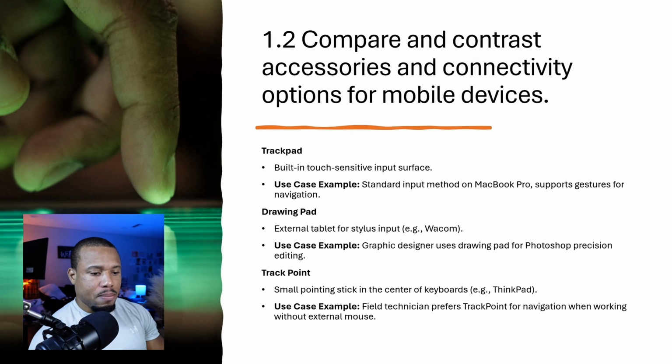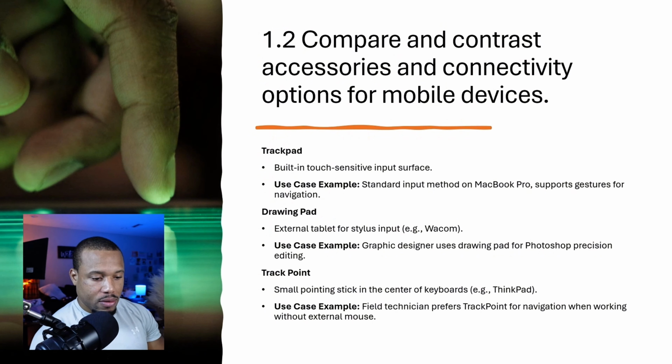A trackpad is a built-in touch-sensitive surface, such as on a MacBook Pro, that allows gesture-based navigation. A drawing pad, like a Wacom tablet, provides external stylus input for precision tasks, making it ideal for graphic designers working in programs like Photoshop.